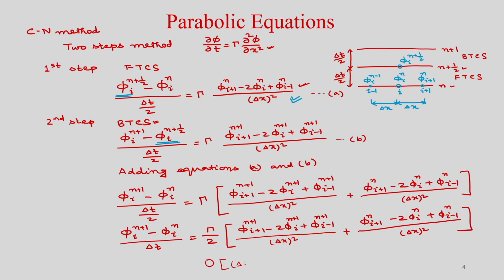We will show in today's lecture that this Crank-Nicholson method is second order accurate in time and space, but before that let us discuss another method, which is known as the beta scheme or beta method.